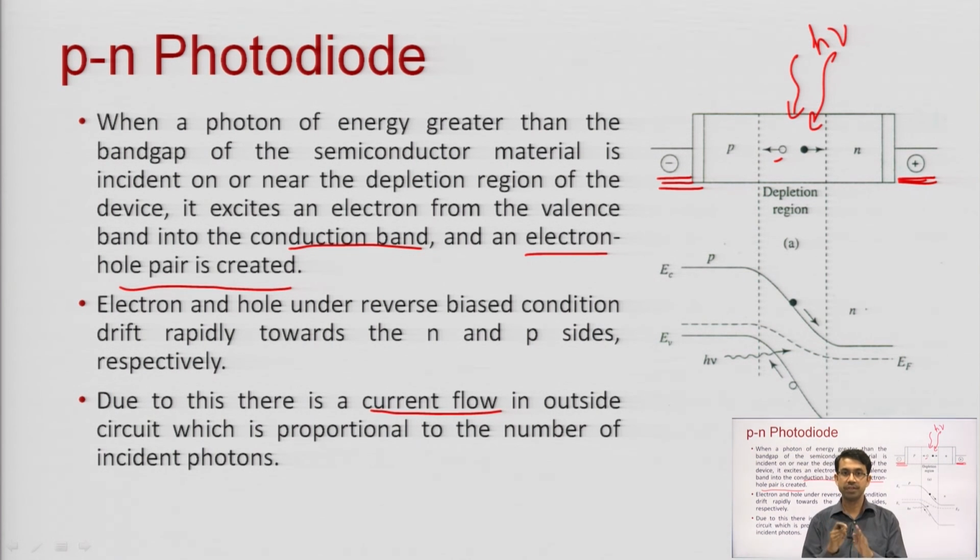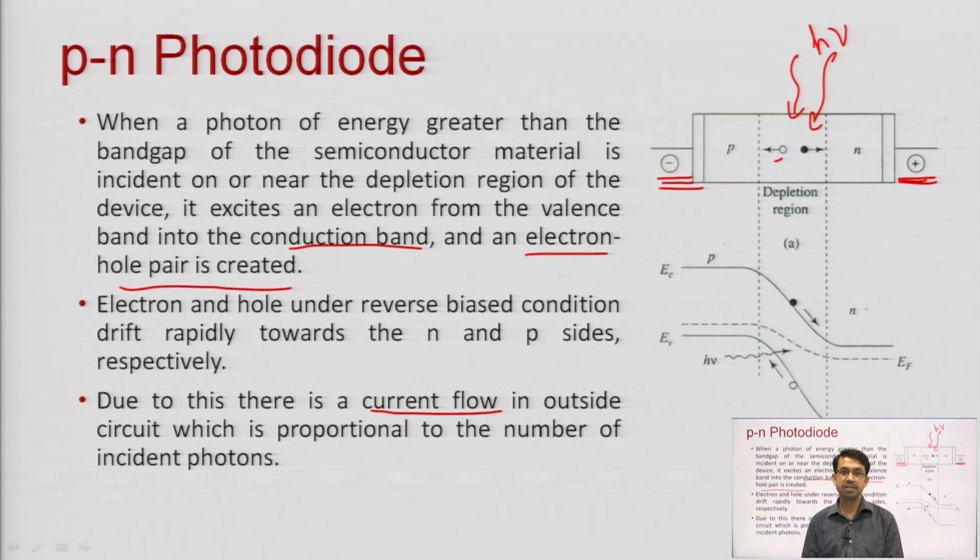We have to connect it in reverse bias condition. As soon as a photon falls, an electron hole pair is created, and they both move in opposite directions. Electron will go to N side and hole will go to P side, and due to this we get charge in the output circuit.